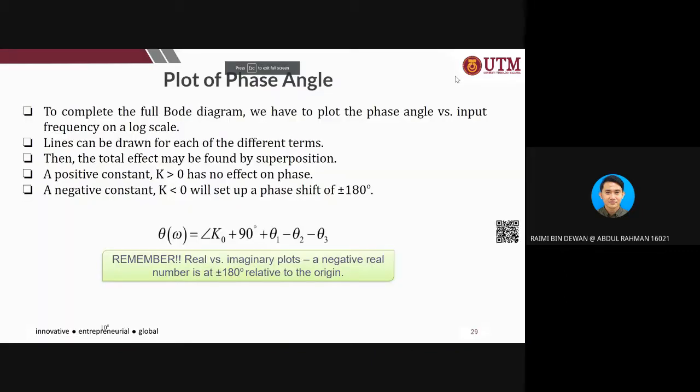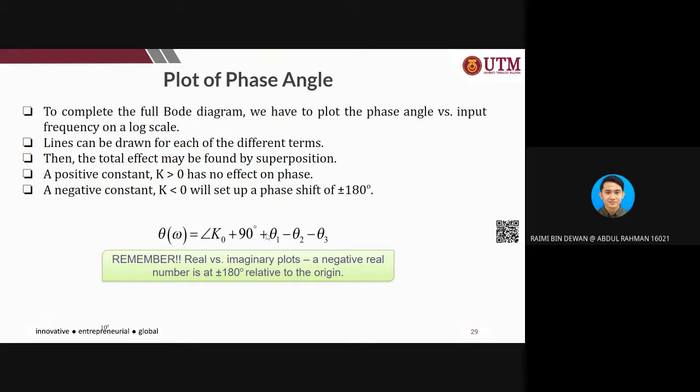Sorry for the typos everywhere. So theta of omega is equal to the angle of k naught. If it's negative, we will have a phase shift. However, if you have a positive constant, no effect on phase.